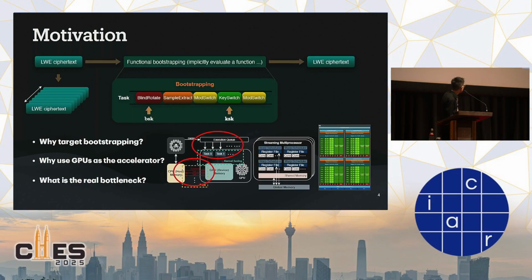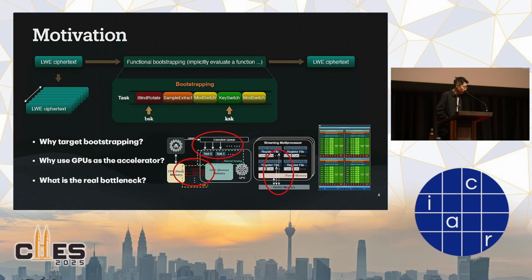It's very complex because it's not like CPU, so you cannot just port the code to GPU. You need to figure out what tasks are suitable and friendly for GPU. The second bottleneck is communication between CPU host memory and GPU device memory, because the GPU is connected with the CPU via PCIe, so it's not the highest transfer speed. So we need to take care of the data transmitted.